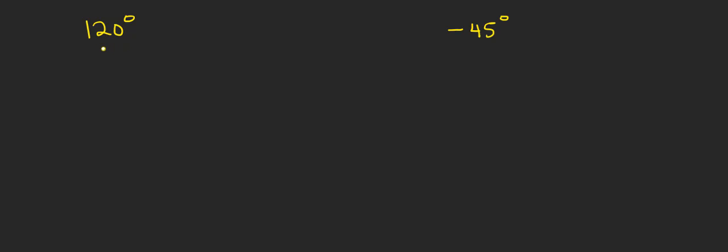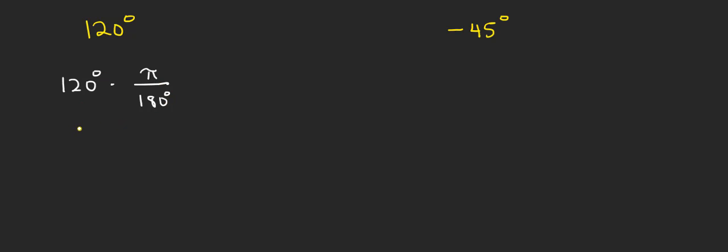Let's change 120 degrees to radians. When you want to change degrees to radians, you multiply by pi over 180 degrees, because pi is the same thing as 180 degrees. So basically, you're multiplying by 1, it's just that now you want to change degrees to radians.